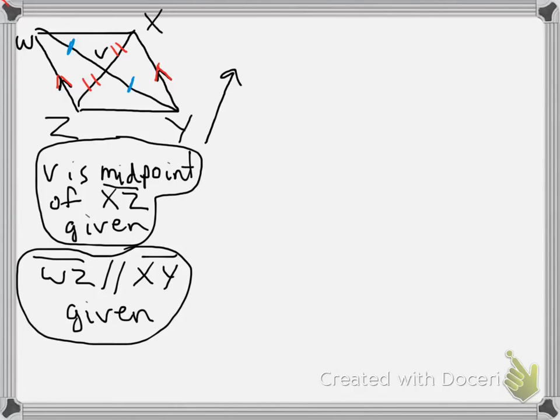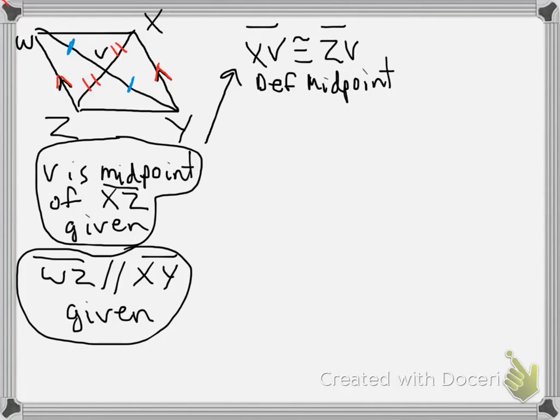So we know that XV is congruent to ZV because it's a definition of a midpoint. You're saying, well, big deal, I knew that already. Well, we couldn't use it. We already wrote it in, but it tells us that we have a side. That gives us the first side.